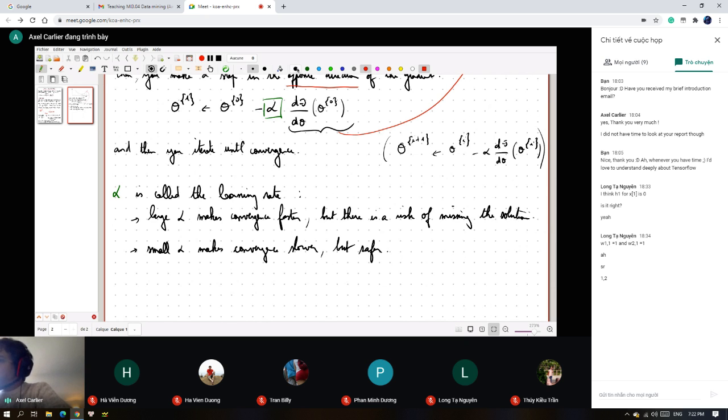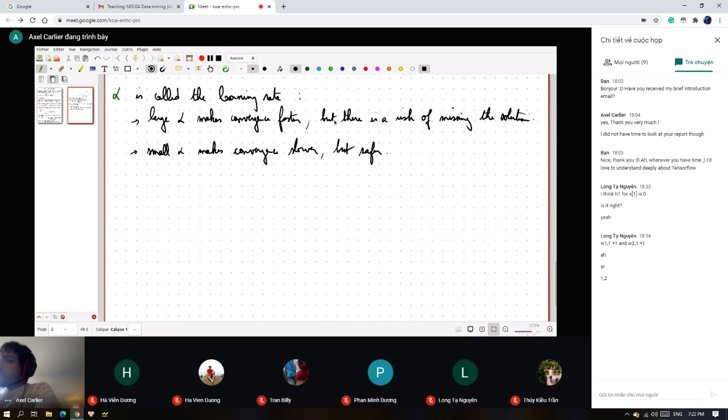Okay, there is another problem with gradient descent. There is a first problem, which is how do you choose alpha? And the second problem is convexity of the function.